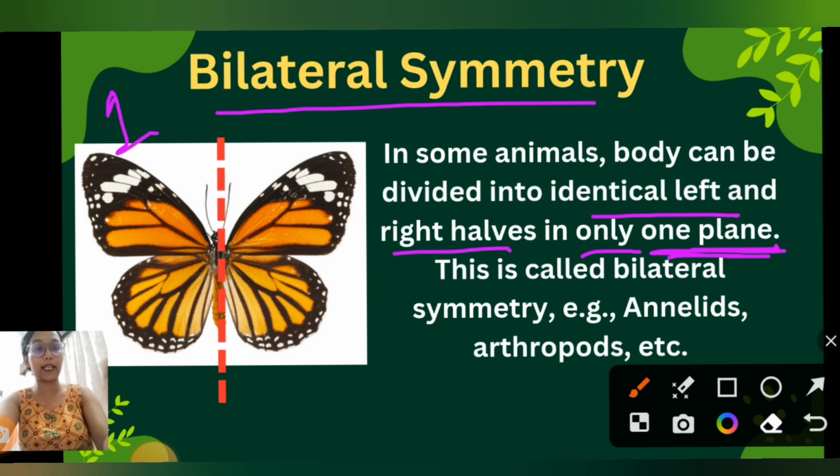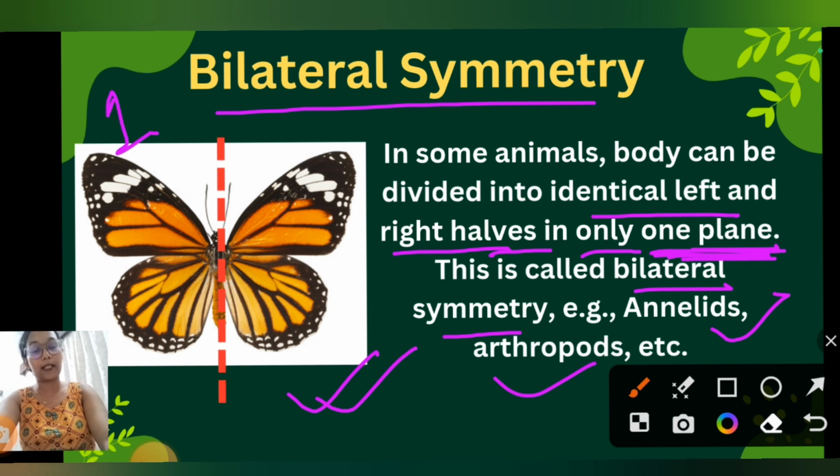Here also you are getting left and right equal halves when you divide it in one plane. This is called bilateral symmetry. In Annelida and Arthropoda etc., you will get this type of bilateral symmetry. Is it clear?